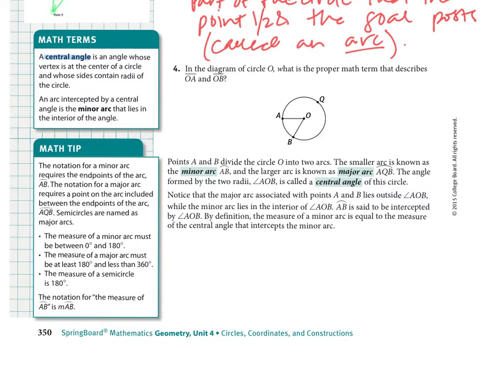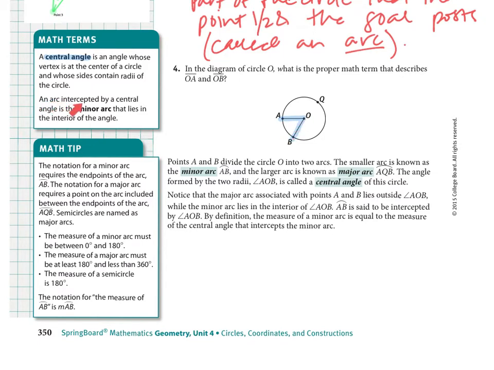If we look at our picture for number 4, at AOB, it creates this angle, and this piece inside here is our central angle. It has the radii as the sides.